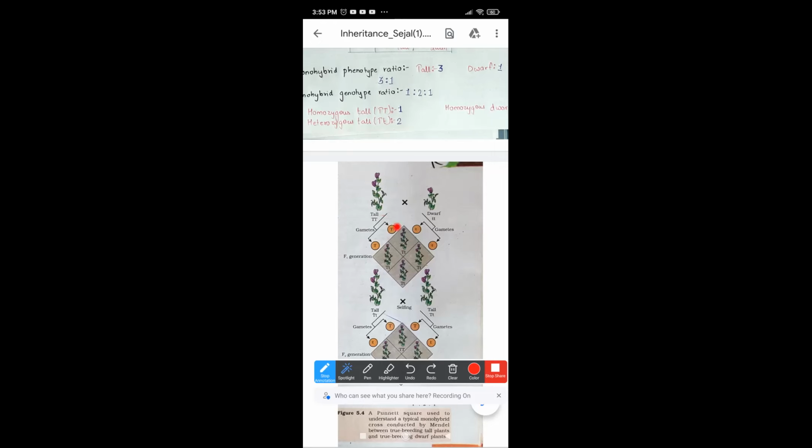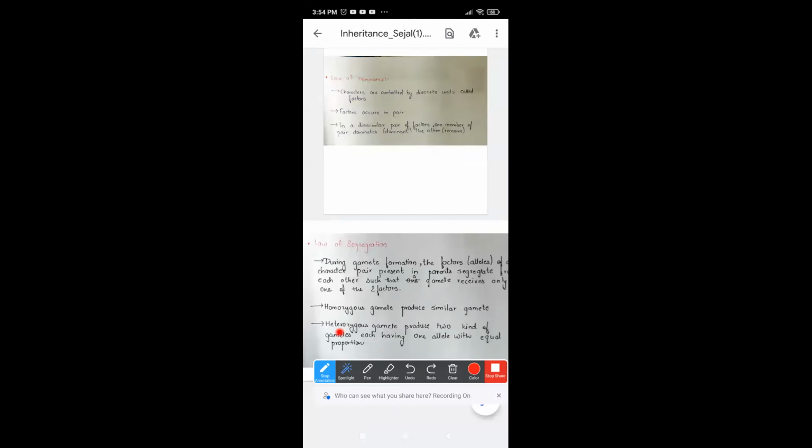So in the case of homozygous, the alleles present are the same, so both the gametes produced are the same. There is no difference between them. But in the case of heterozygous, two kinds of gametes are produced in equal proportion, that is, one gamete which has the character tall, and one which has the character dwarf. So homozygous parents produce similar gametes, and heterozygous parents produce two kinds of gametes, each having one allele, in equal proportion. Okay, hope you guys understood.